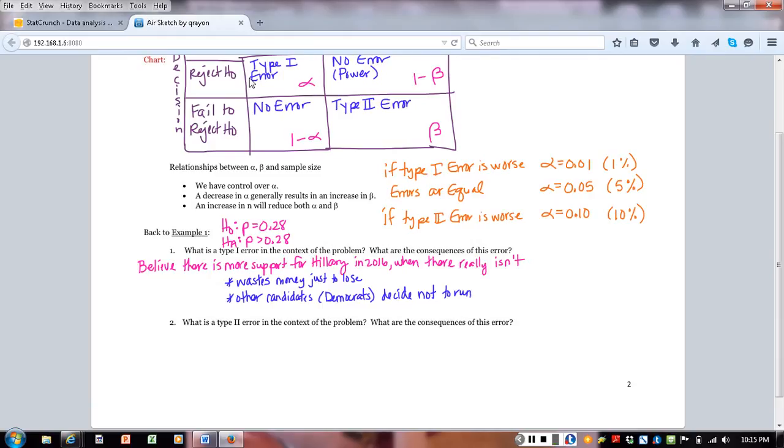Now for a type 2 error. A type 2 error is when we don't reject, but the null really is false. So that would mean we believe there is not more support for Hillary in 2016.